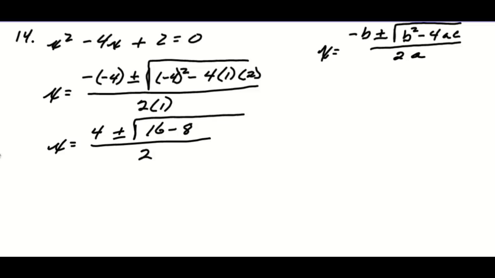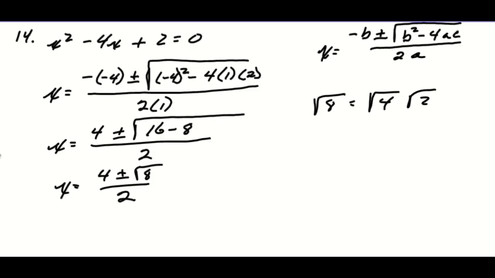Now we get x equals 4 plus or minus the square root of 8 over 2. You could leave it in that form, but the square root of 8 is the same thing as the square root of 4 times the square root of 2. The square root of 4 is a perfect square, so that's 2 times the square root of 2.